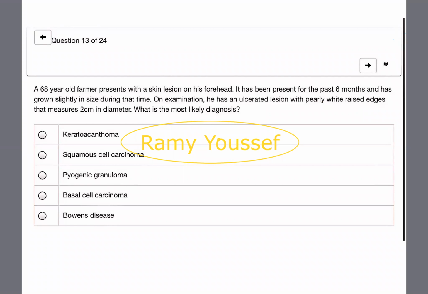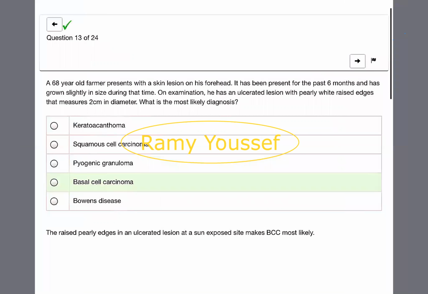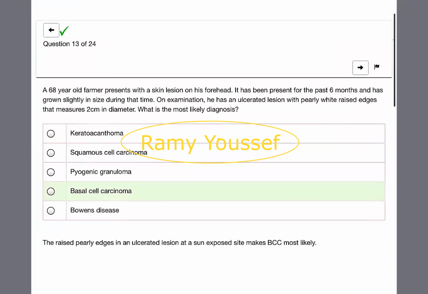Purely white, go direct, run for basal cell carcinoma. This is pathognomonic, and it is the pathognomonic for the eMRCS question. Purely white, so it is basal cell carcinoma. No other lesion in any branch is purely white. A purely white raised edge on the face, slowly growing over 2 years or 6 months, is basal cell carcinoma.